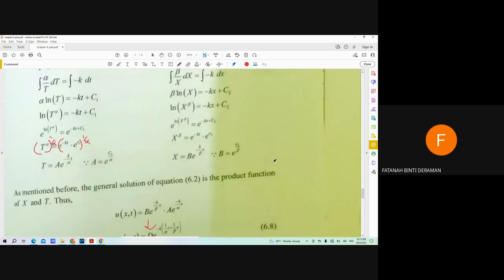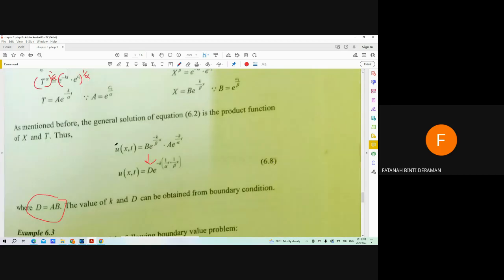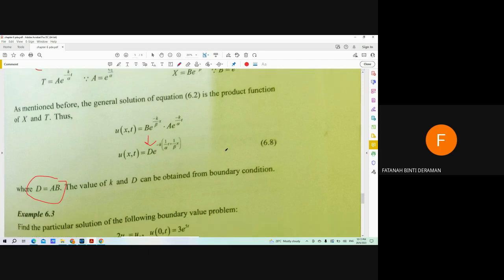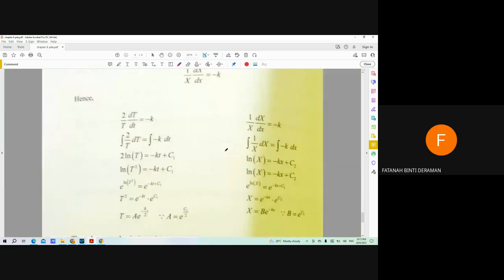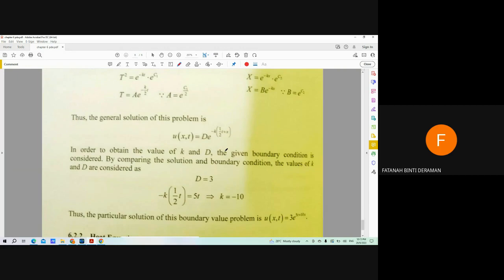they gave to you. So U(x,t) equals to B e^ plus A e^. So it's also the same here. U(x,t) equals to, I just copy, e^(-k/2 t) B e^(-kx).